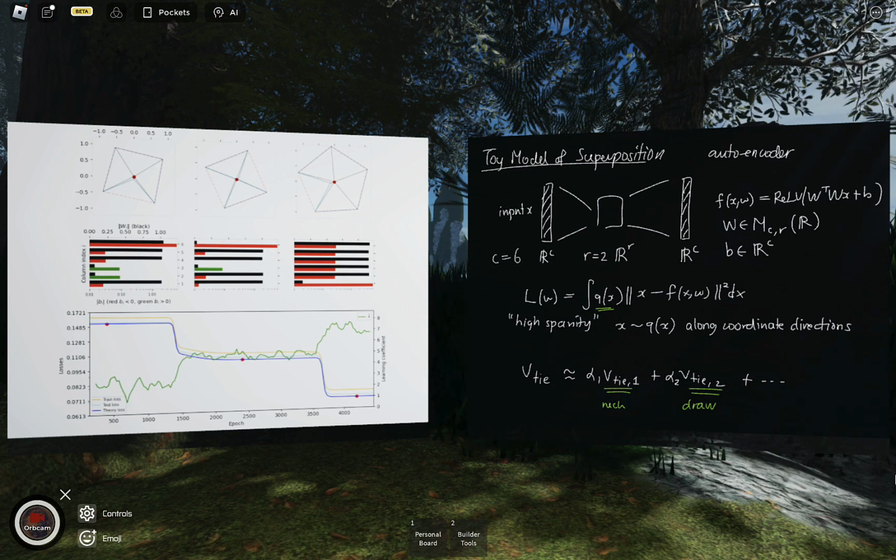There's some directions in that vector space, and so v_tie, those aren't the coefficients in a basis, alpha 1, alpha 2, but something more like an over-complete basis, which is a topic that's come up quite a bit in applied mathematics, in connection with compressed sensing and sparse coding and so on.